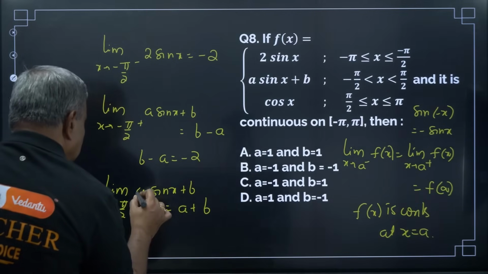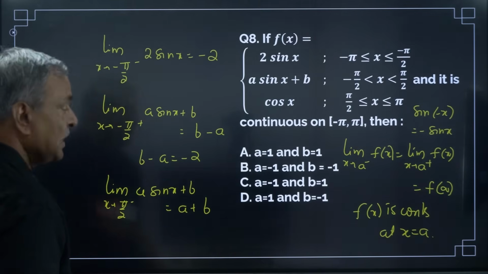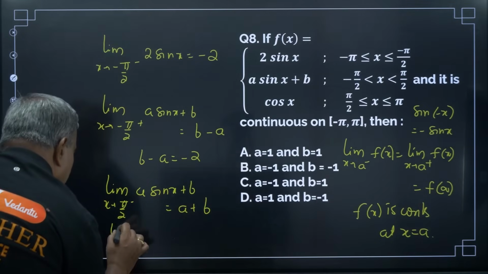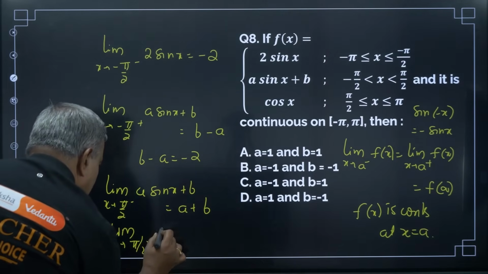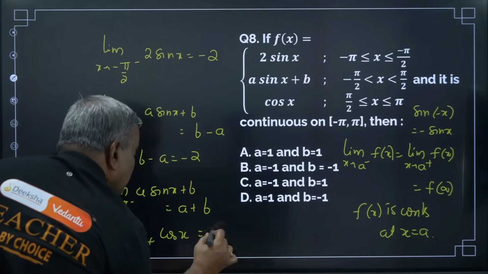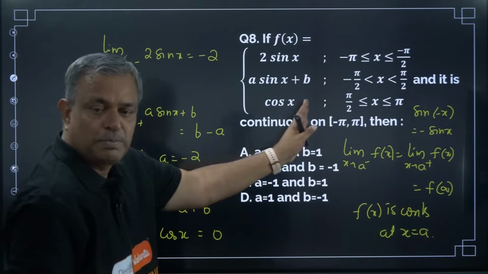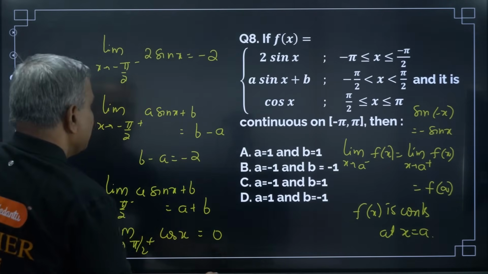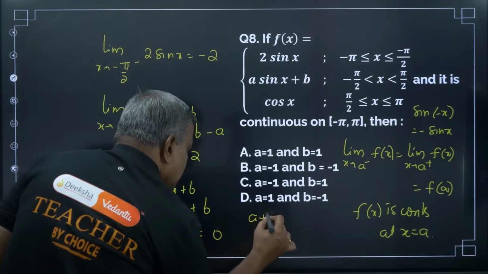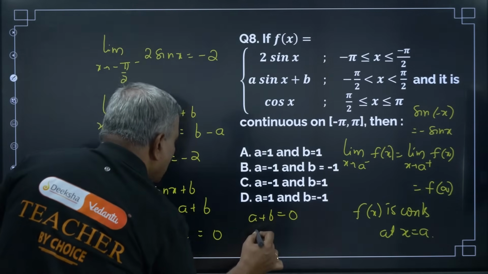Next one, limit x tending to pi by 2 plus cos x is equal to how much? 0, because cos pi by 2 is 0. So you got a plus b equal to 0.